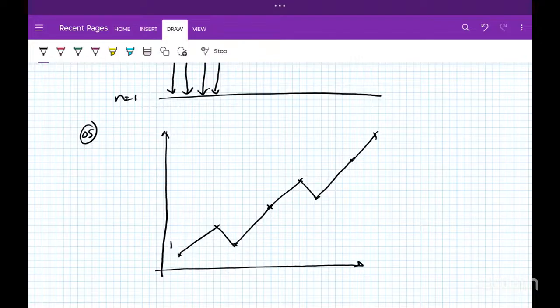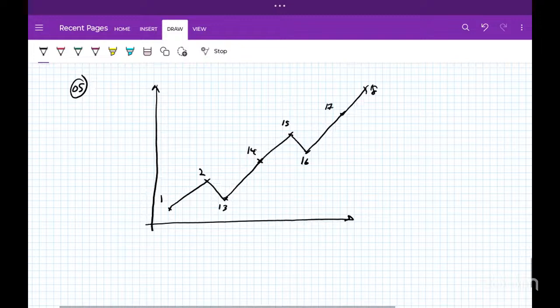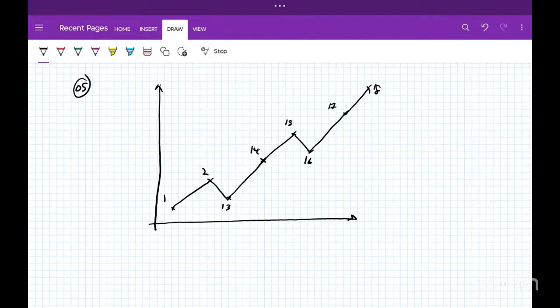So this is the first group, second group, 13th group, 14th, 15th, 16th, 17th, 18th. This zigzag pattern should be in your photographic memory. Otherwise, it's quite hard to understand things, right?